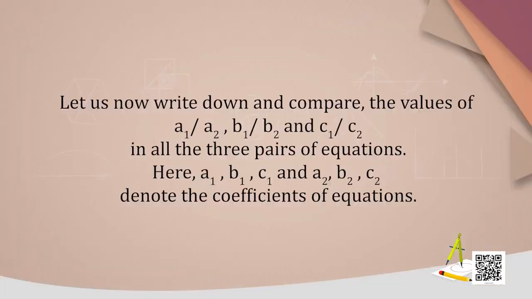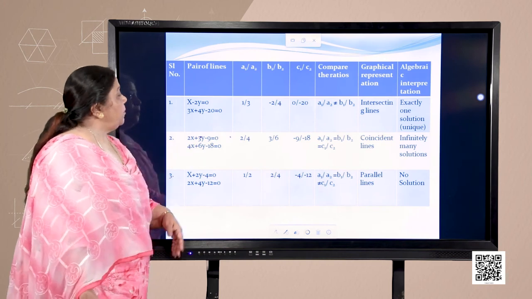Now, let us write down and compare the values of a1 upon a2, b1 upon b2 and c1 upon c2 in all the three pairs of equations. Here a1, b1, c1 and a2, b2, c2 denote the coefficients of the equations. Let us see in the tabular column here.